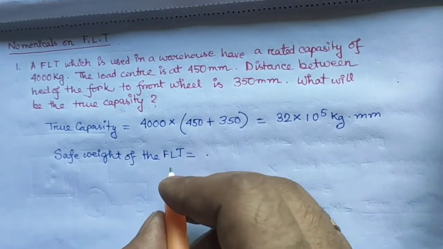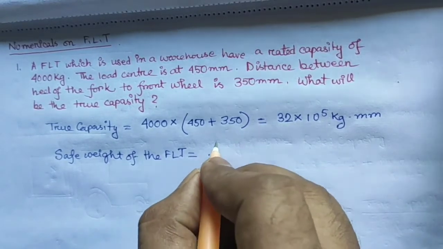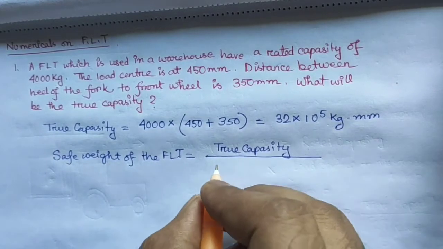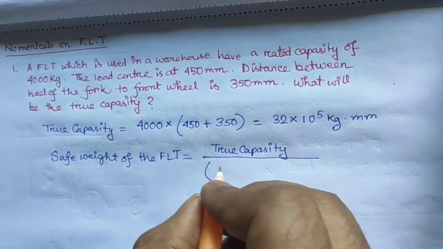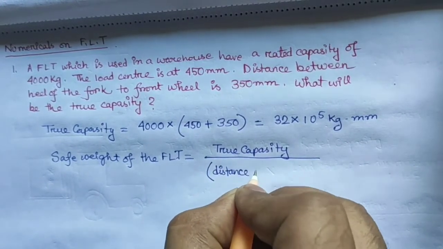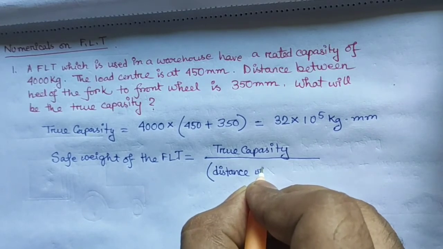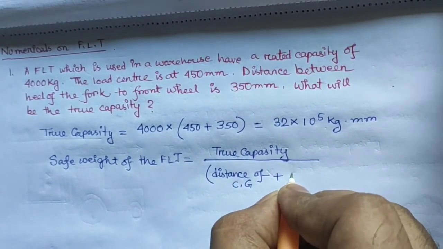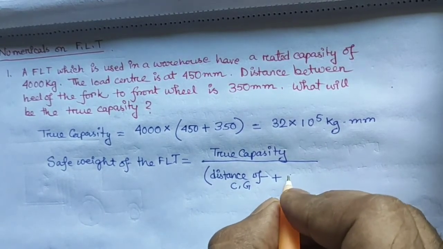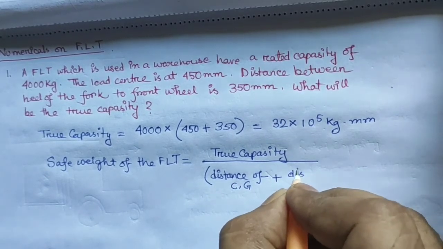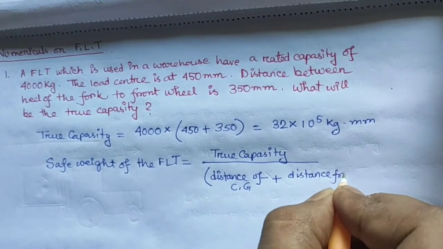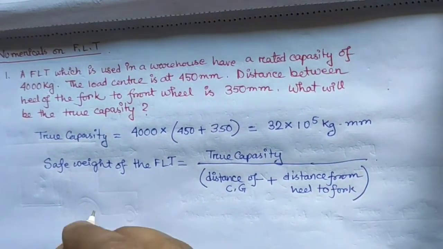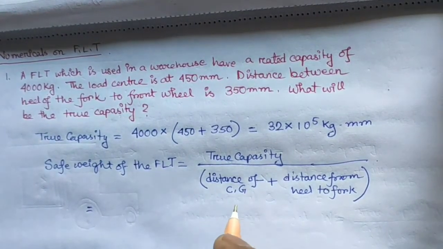Now the formula for the safe weight of the FLT is the true capacity divided by the distance of CG plus the distance from heel to fork. See, the distance of CG is not given.